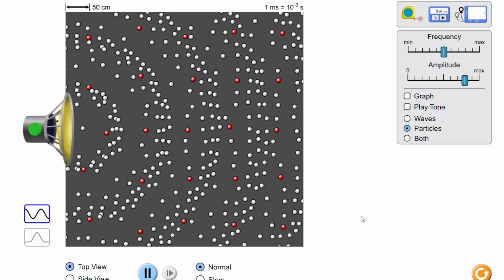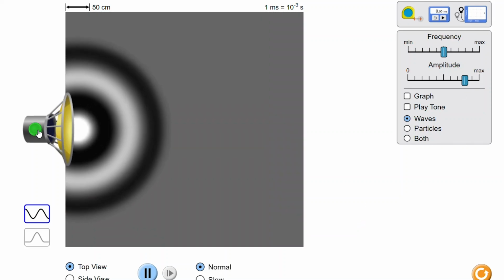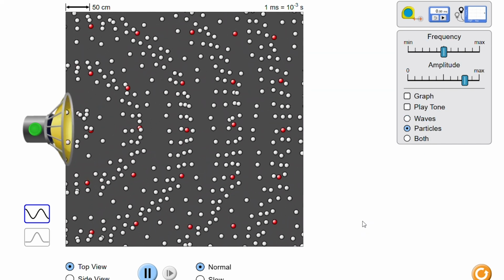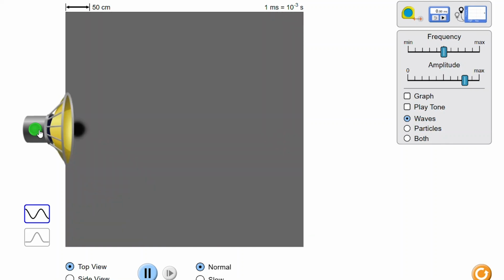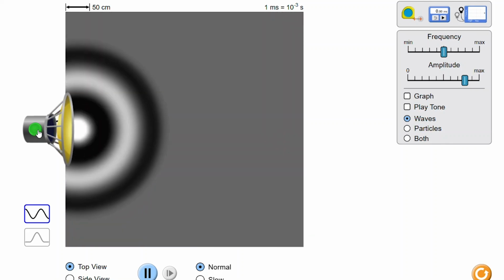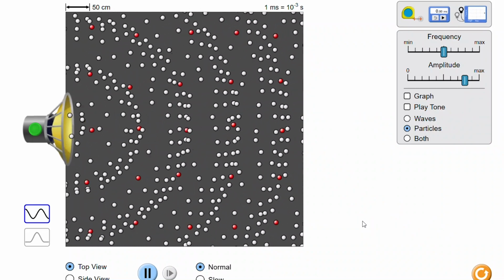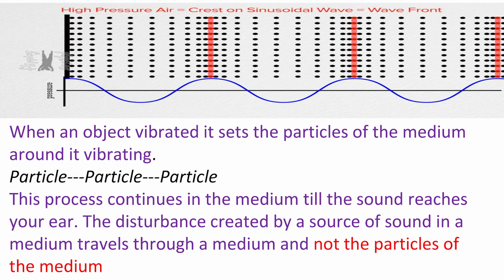A particle of the medium in contact with the vibrating object is first displaced from its equilibrium position, and it in turn exerts a force on the adjacent particle, as a result of which the adjacent particle gets displaced from its position of rest. After displacing the adjacent particle, the first particle comes back to its original position.